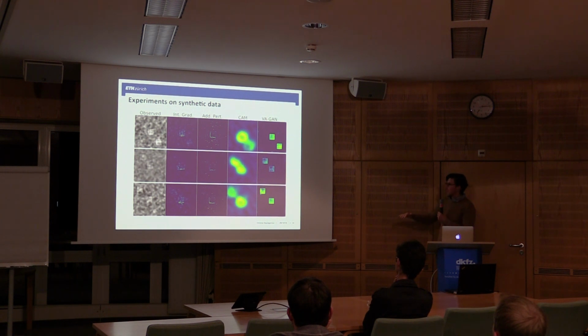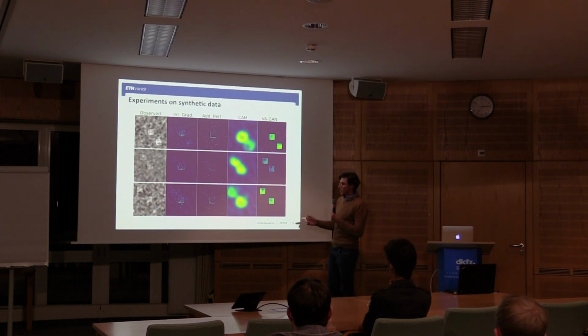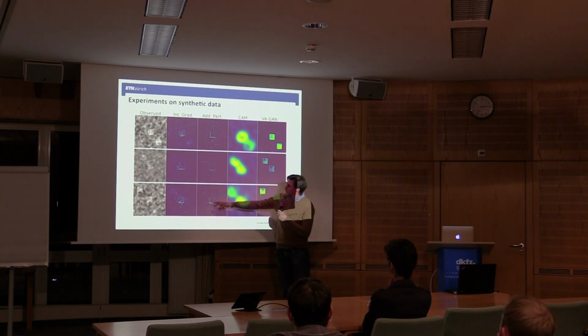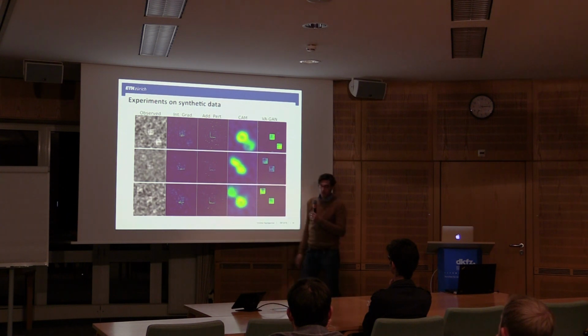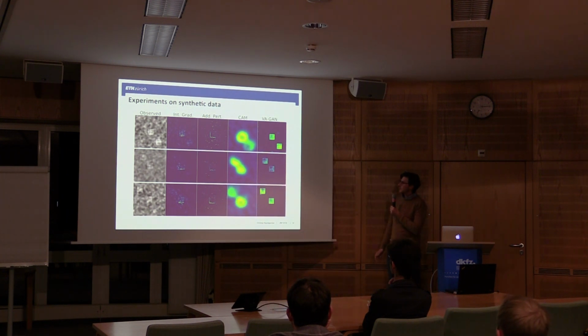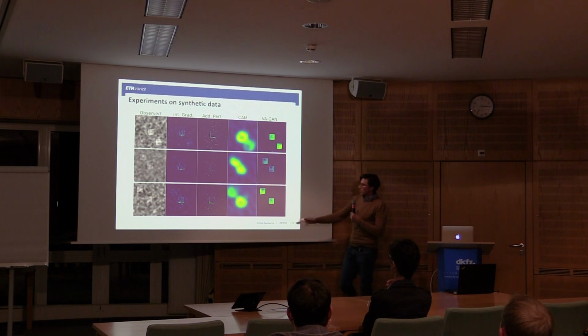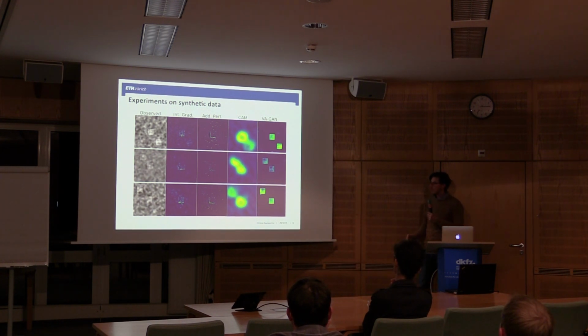So if we look at this toy example with the boxes again, the 3 rows are 3 different examples. You can see that this class of gradient-based methods that I was already showing in the beginning produces these very spurious saliency maps. There is another approach called class activation mappings, where you construct your neural network in a specific way to get these kinds of maps.